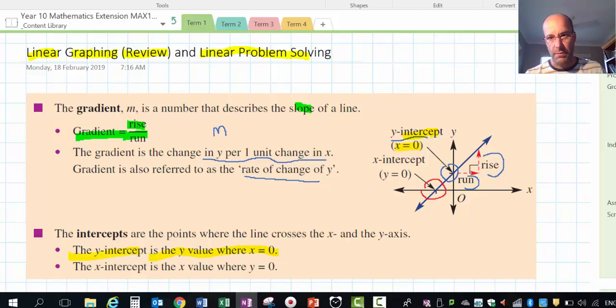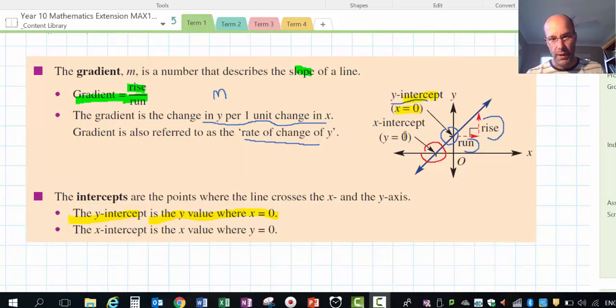And the x-intercept happens when y equals 0. And as I said, the intercepts are where the line crosses the axes. So basically, the intercepts are 2 points, which is handy to remember.